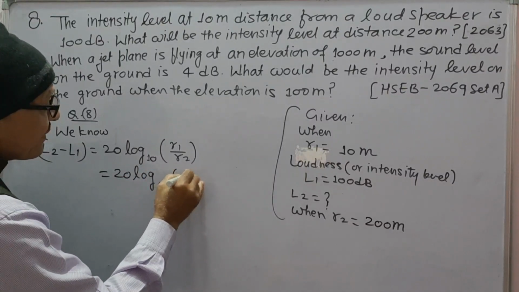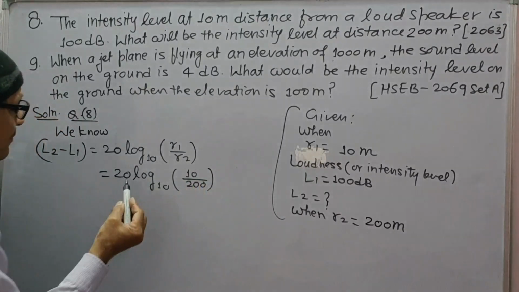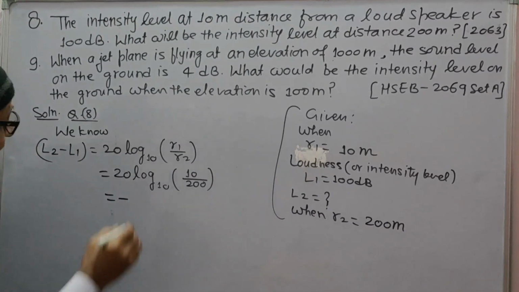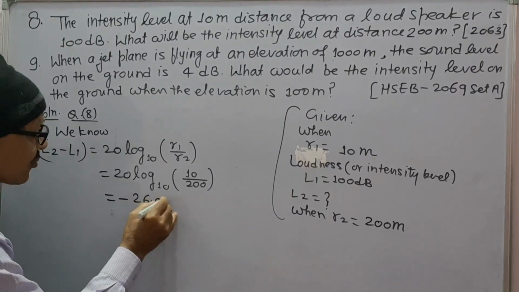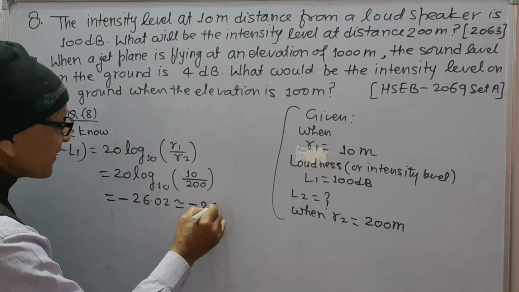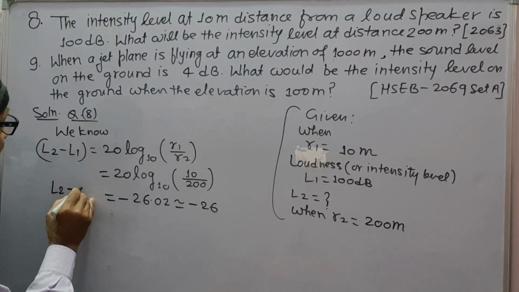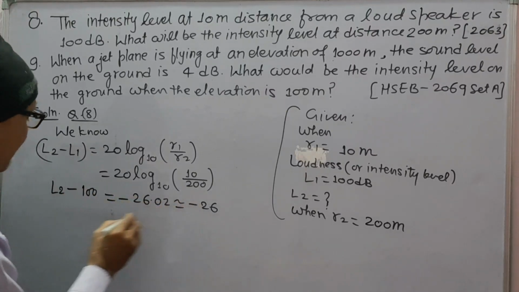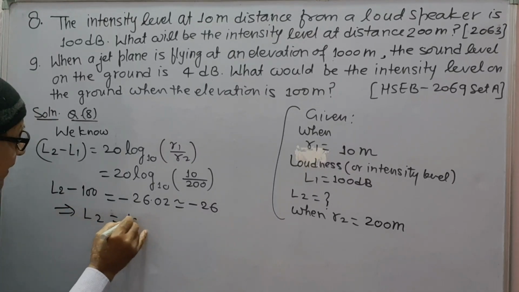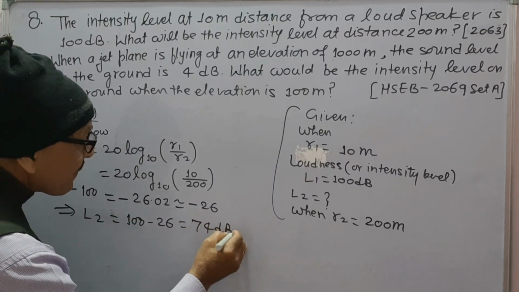R1 is 10, R2 is 200. It gives minus 26.02 or nearly minus 26. L2 minus L1 is minus 26, so L2 is 100 minus 26, which means 74 decibel.